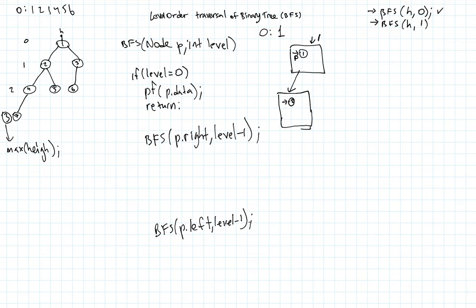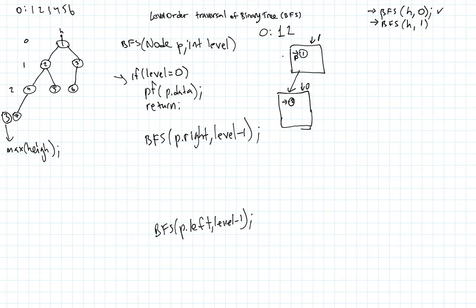I'm doing -1 here. So I know that this time it is 0. So if it's 0, then I know this is a terminating, this is a finishing function. It's gonna come here and print 2, right?